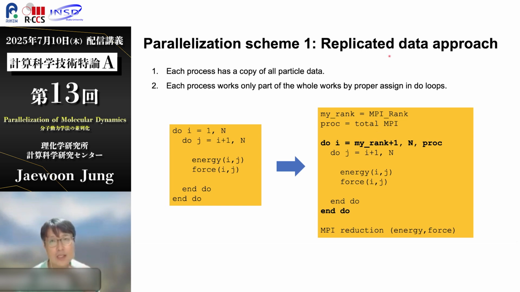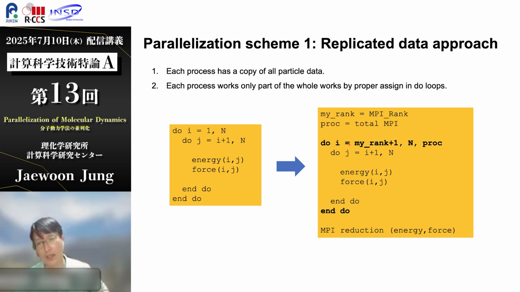In this case, we can define the MPI rank as myrank and the total MPI number as nproc. By dividing this loop in this way, we can easily parallelize.